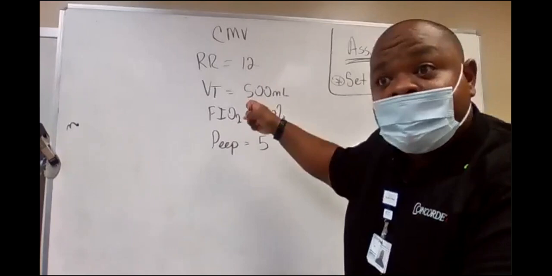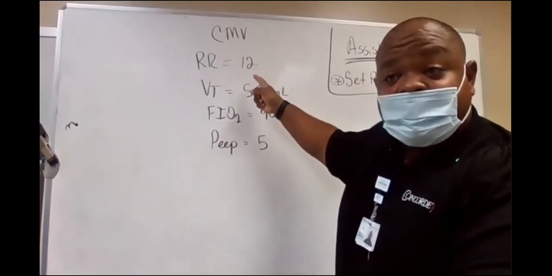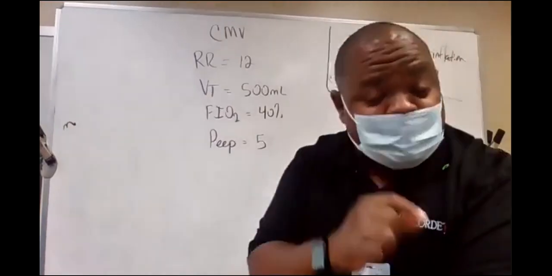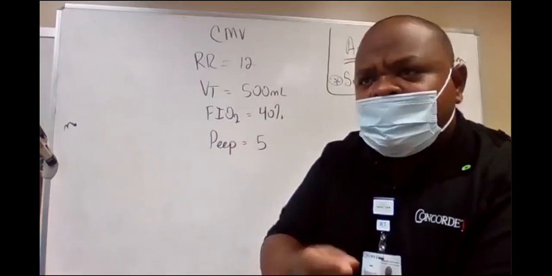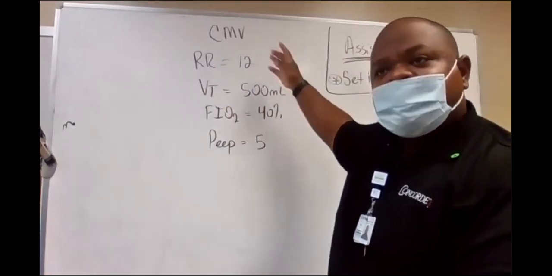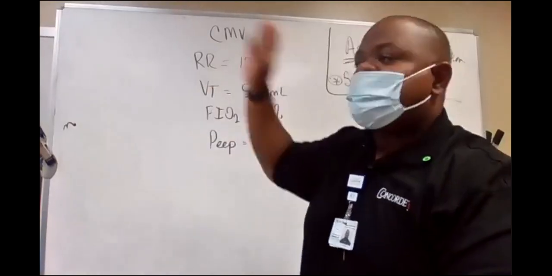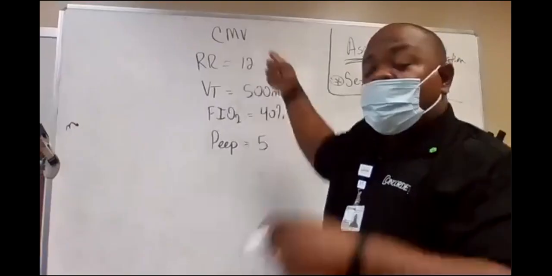So they start to panic, because if they want more than 12, they can't get more than 12. The only time they can get more than 12 is if I or you as the respiratory therapist notice, hey, he looks like he's trying to get more breaths. He's waking up. Then I switch from CMV down to assist control, or down to SIMV or spontaneous. We start weaning, okay? But you never know when a patient wakes up.